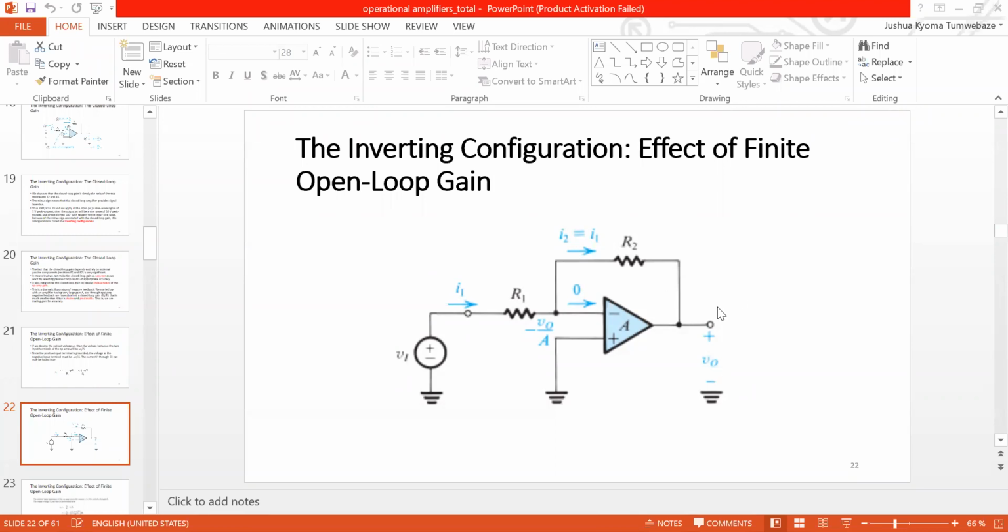You simply write out your KVL, Kirchhoff's voltage law. You know the voltage at this end of R2, and you also know the voltage at the right end of R2.